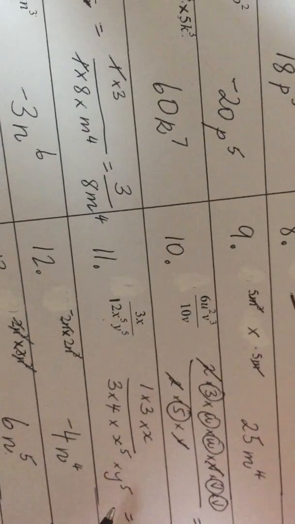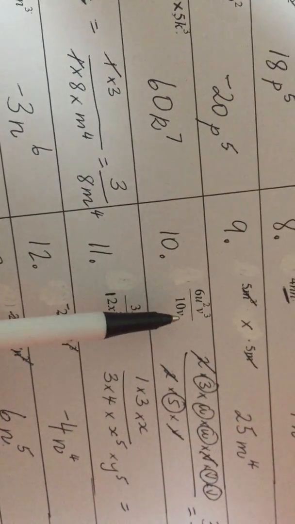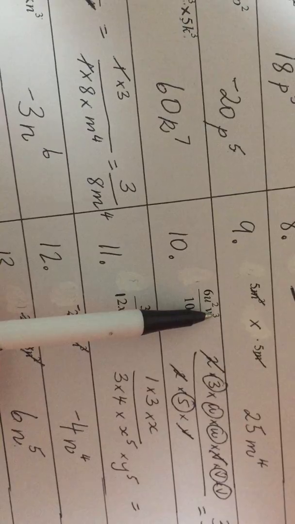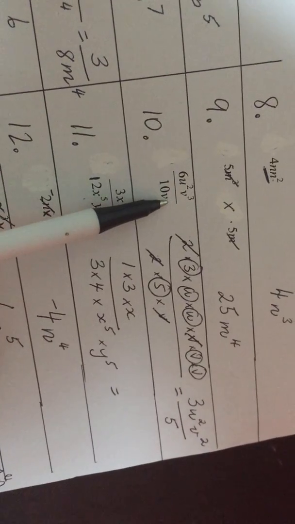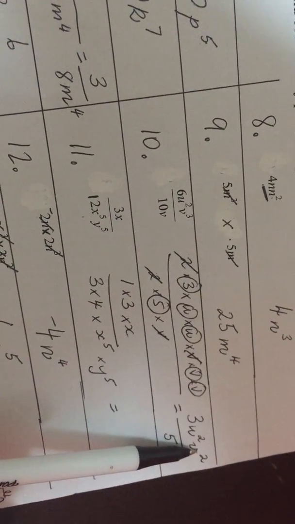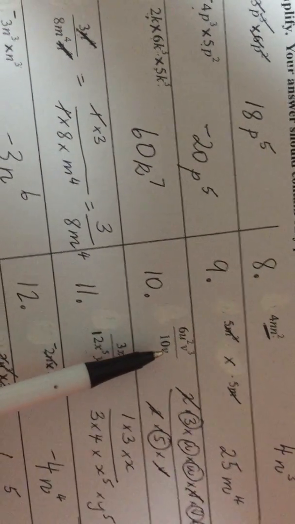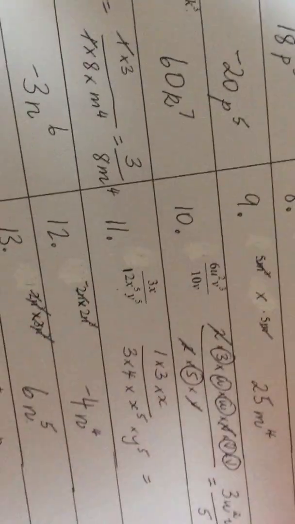When we divide, we're basically subtracting the powers, because you can see up here, we said 3 v's take away 1 v to give me v squared. The u's had to stay because there was no u's to subtract underneath.